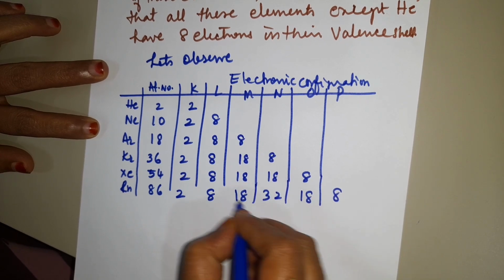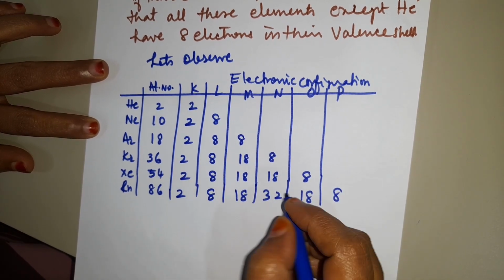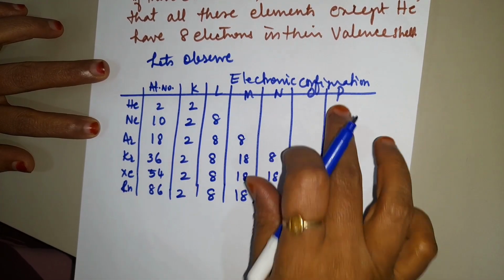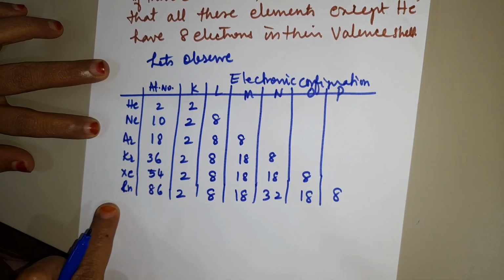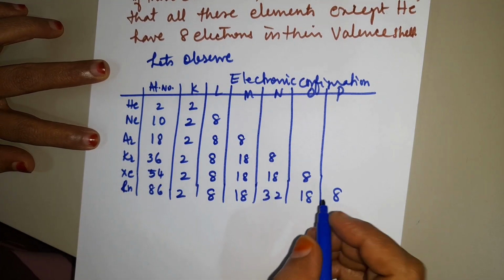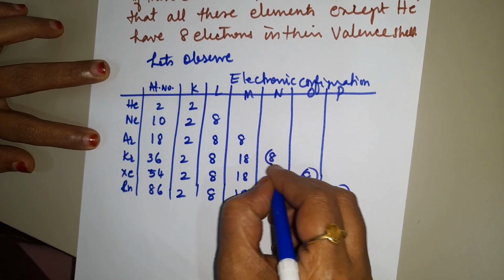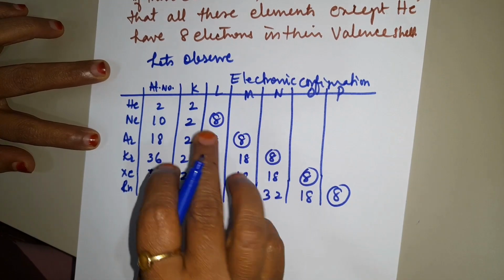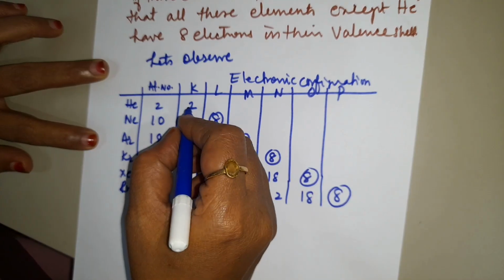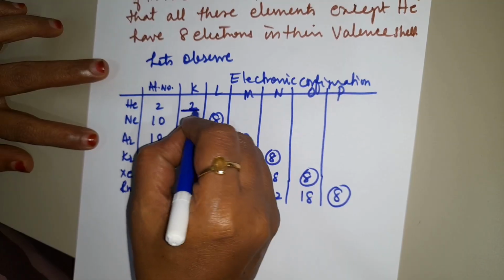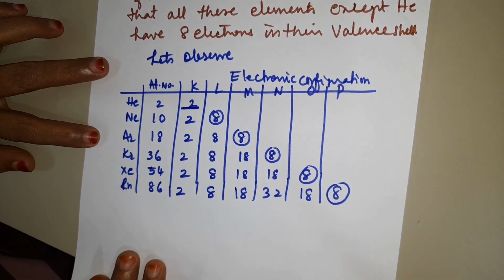So what are we observing? That in their electronic configuration, these elements have 8 electrons in their valence shell, except helium, which has 2.